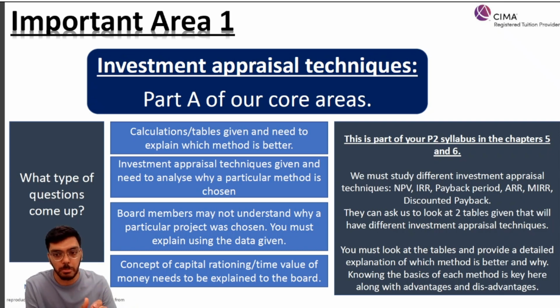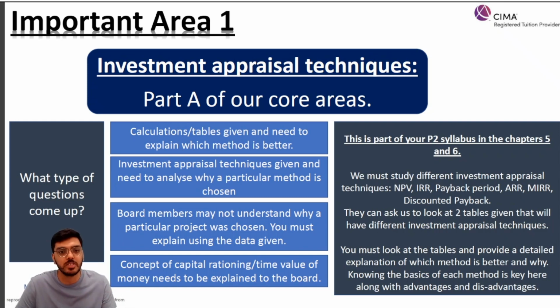With every important topic that we give you, we'll also identify the important core areas or the blueprint areas or the ICANN areas which CIMA have identified, to make your study more centered, to make your study more directive. So investment appraisal techniques, part A of your core areas.